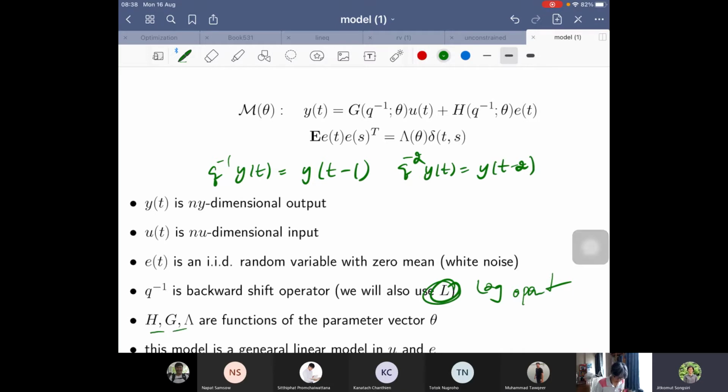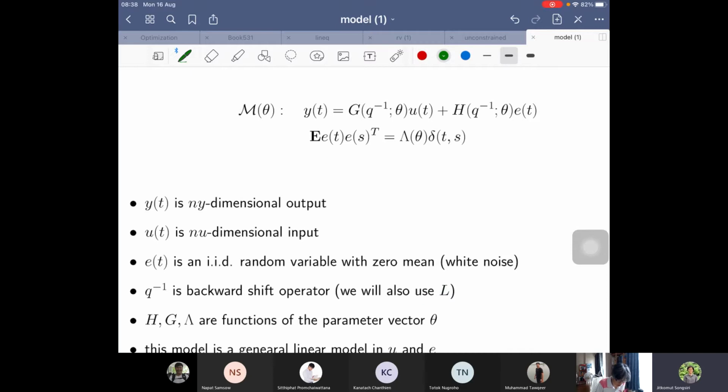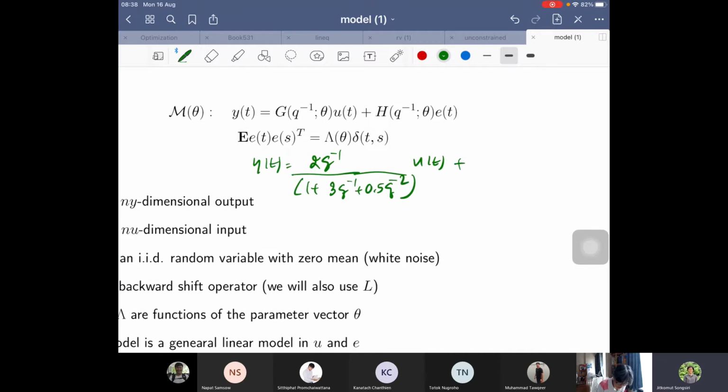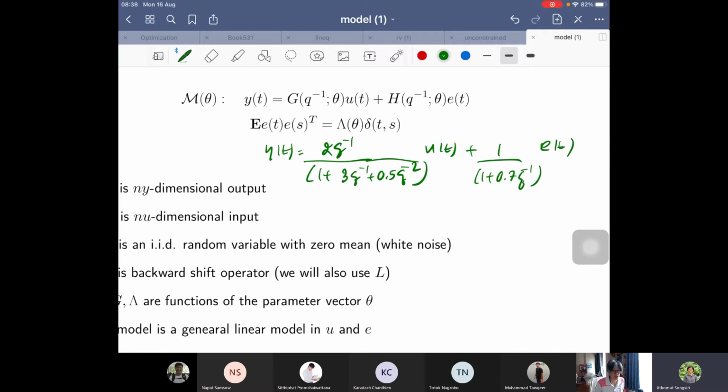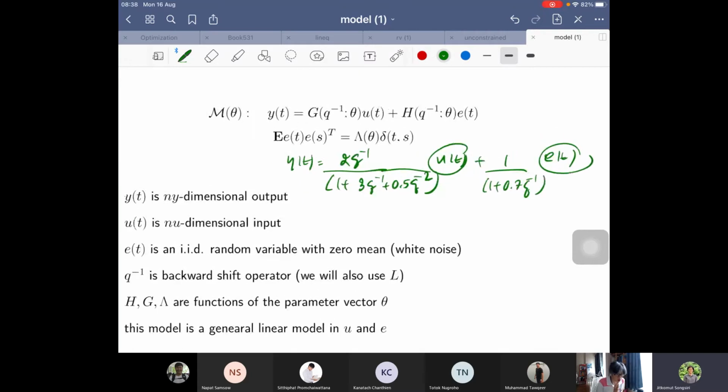Both G and H are transfer functions. For example, if I put one example here, you can think of G and H as a transfer function or a linear filter that applies on U and applies on E. We're going to talk about restrictions or conditions on G and H very soon.